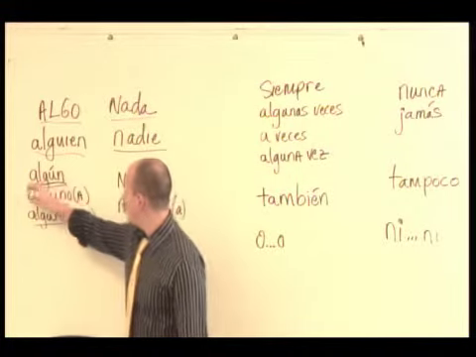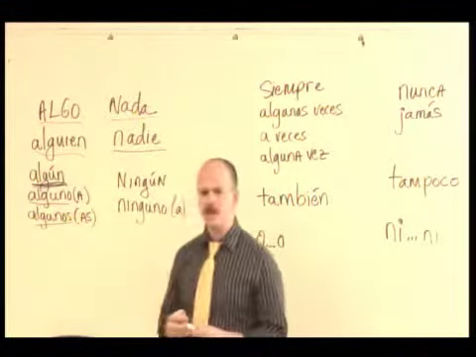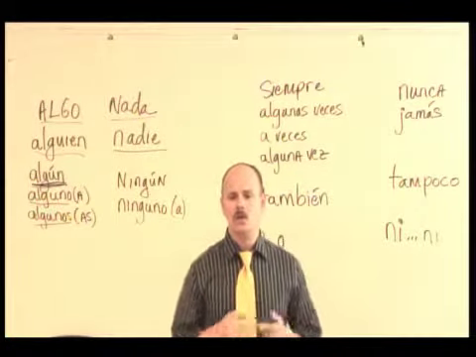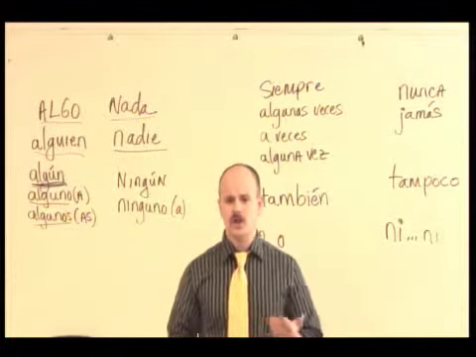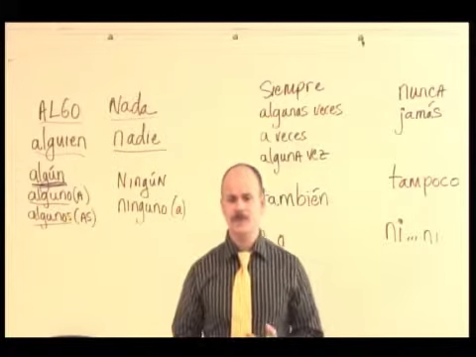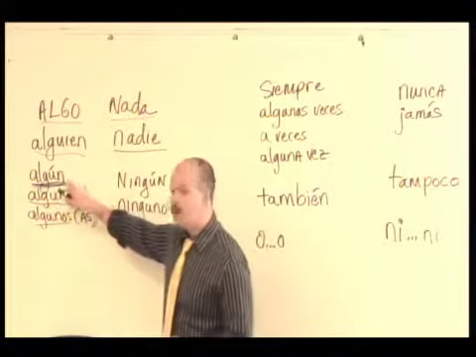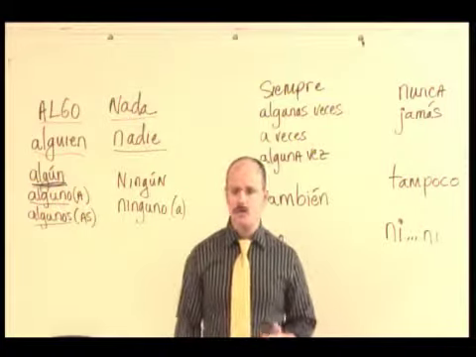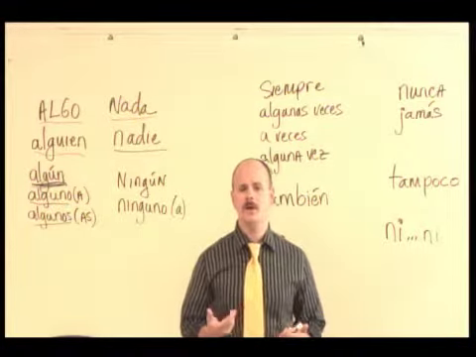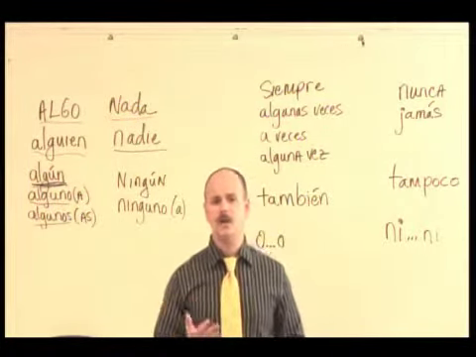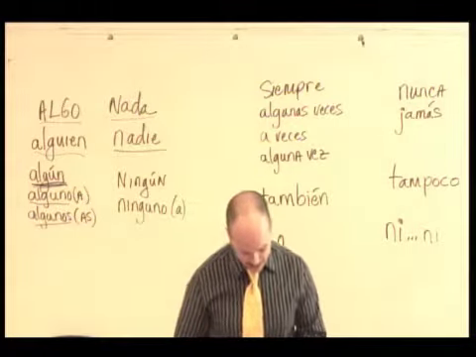This word here, algún, is written there because if we're using the word alguno in conjunction with a noun, if it precedes a masculine singular noun, we drop the O here. So, for instance, if what I want to say is some pen, I say algún bolígrafo.